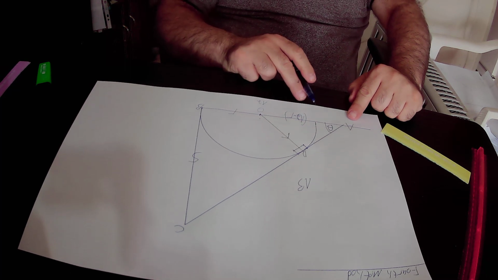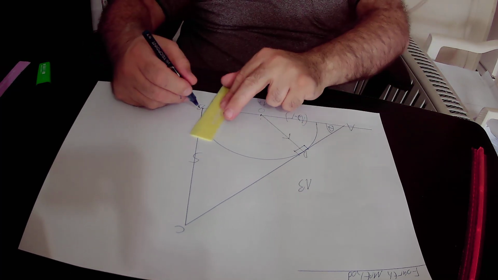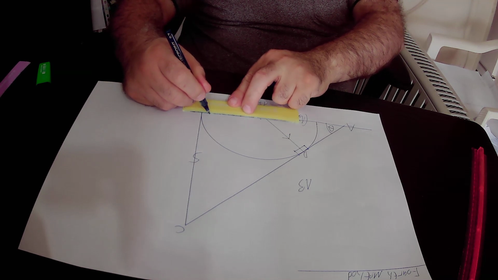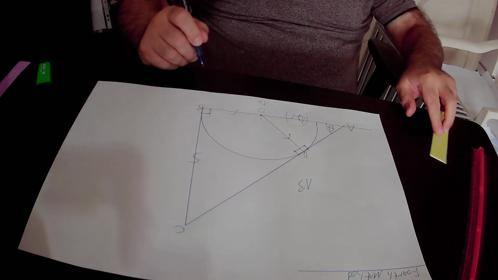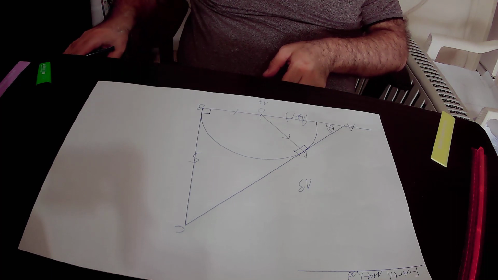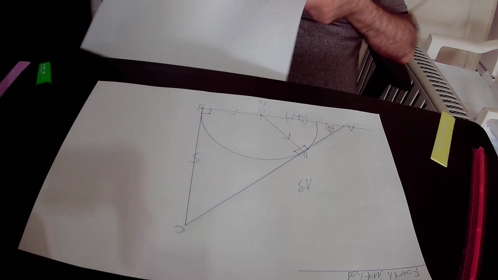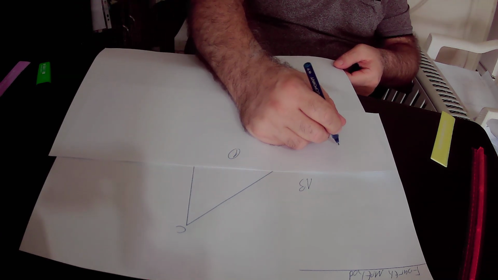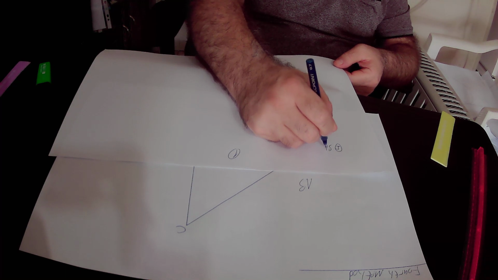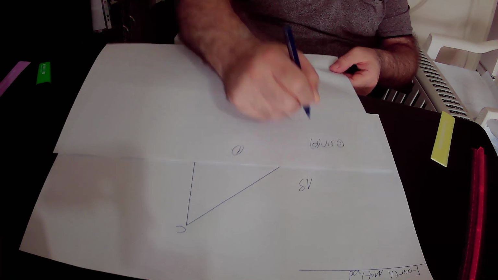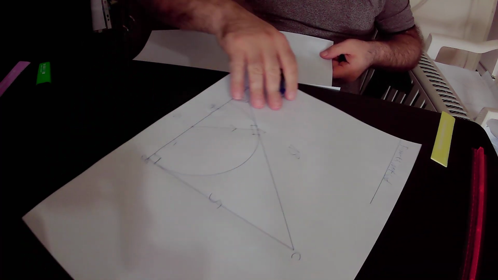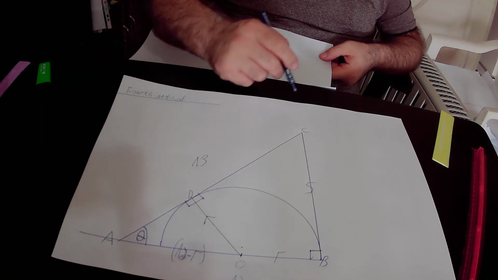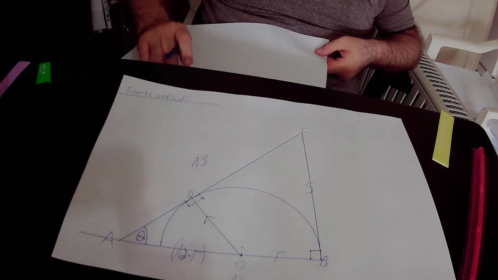And we focus on the right triangle ABC. On the right triangle ABC, sine theta equals CB over CA.